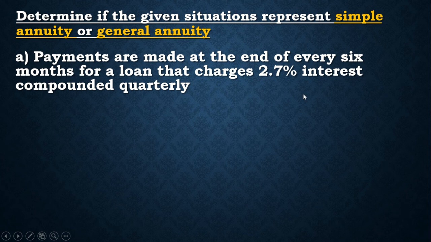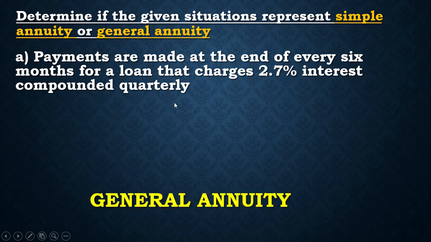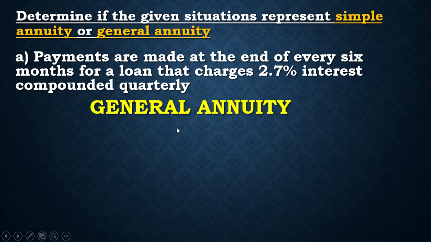Ngayon, ang pinatong na interest period ay compounded quarterly. So kapag ang payment interval mo ay 6 months, tapos ang interest period mo ay compounded quarterly, hindi po sila magkapareho. Pag hindi magkapareho ang payment interval at interest period, sila ay kinukonsider na general annuity.